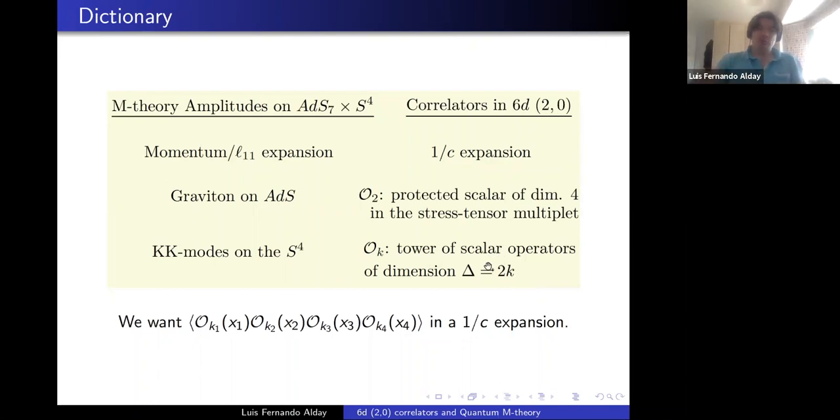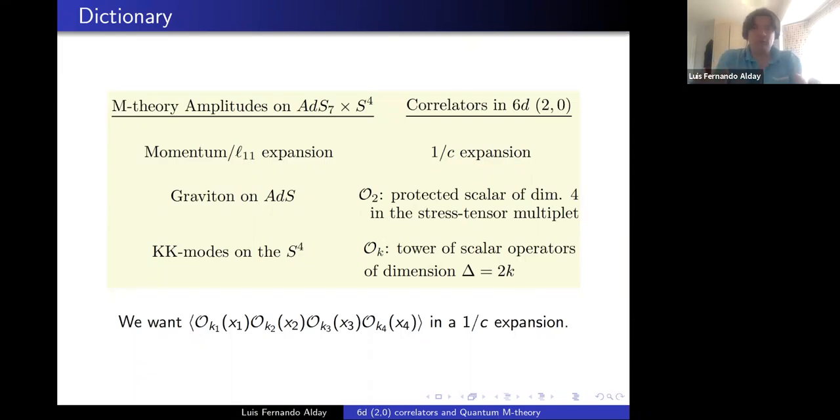So if we want to study scattering of gravitons in M-theory, the equivalent problem is to study these correlators O_k1, O_k2, O_k3, O_k4 in the 6D (2,0) theory in a 1/c expansion, where c is the central charge. Is that okay?